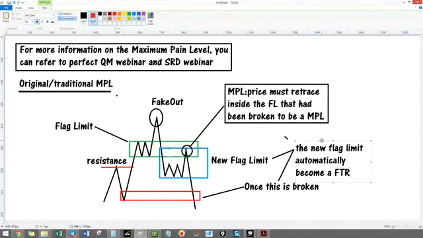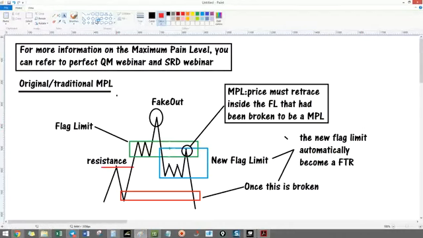Okay, and your MPL would be at the golden line. This one. Okay, this is your MPL. Get it?